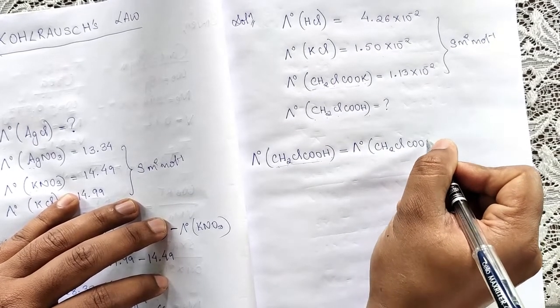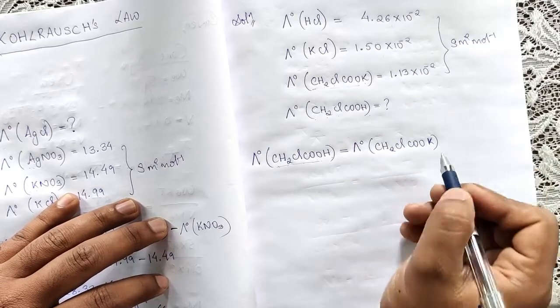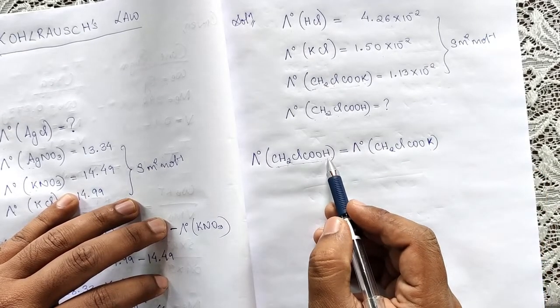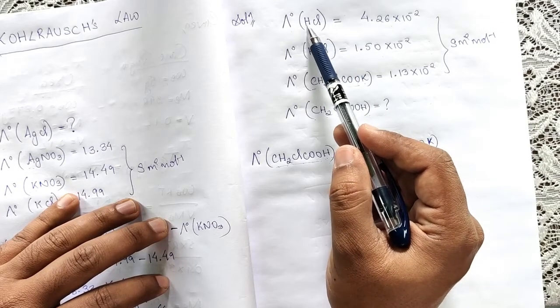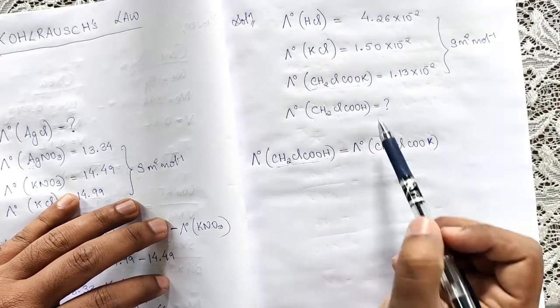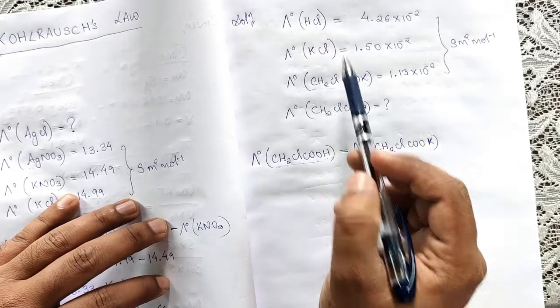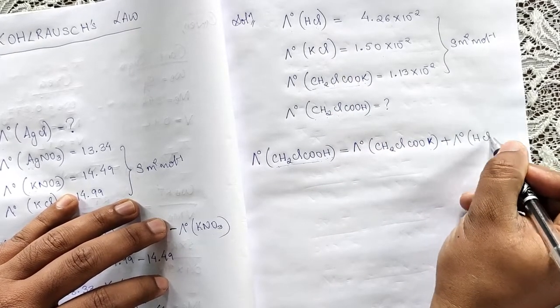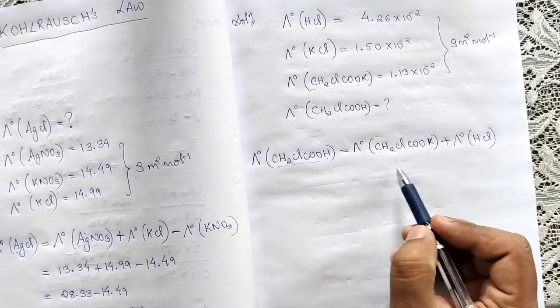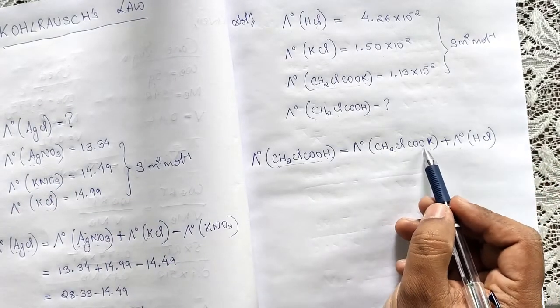CH2Cl COOK. We don't need K, we need H. So from where can we get H? We can get H from HCl. Out here there is H. So I'll add these two together. So HCl. Now when we add these two together, I will have CH2Cl COOH.